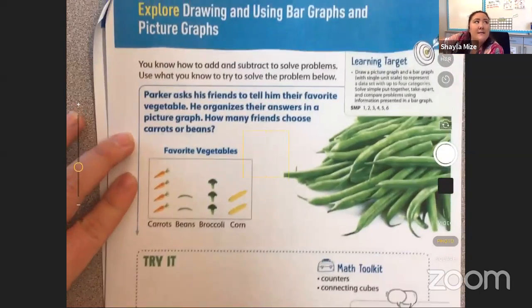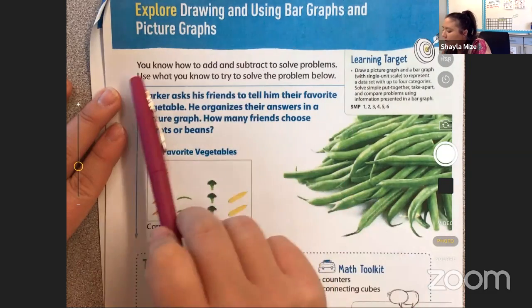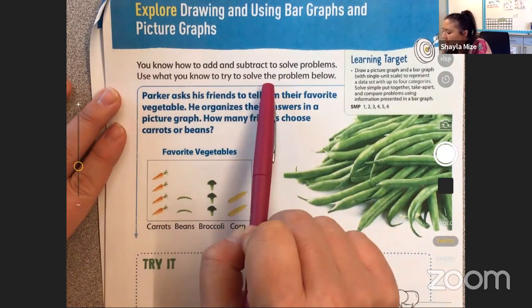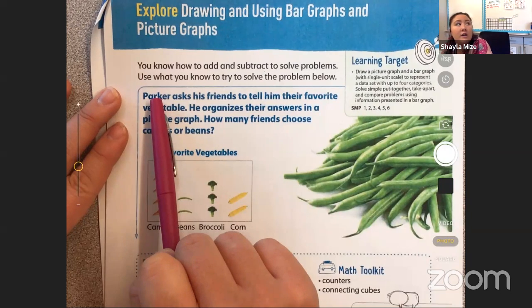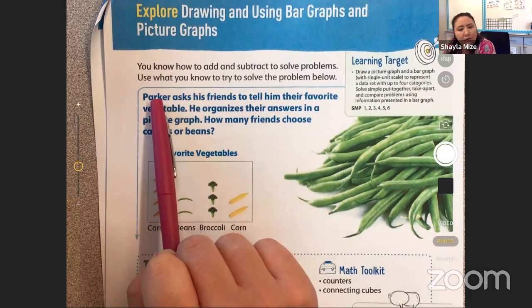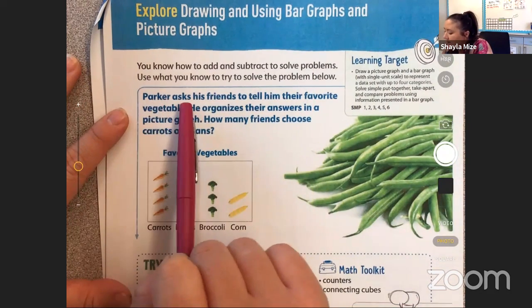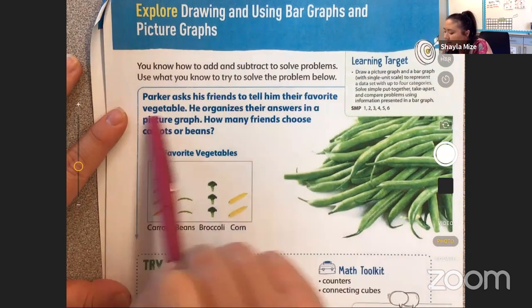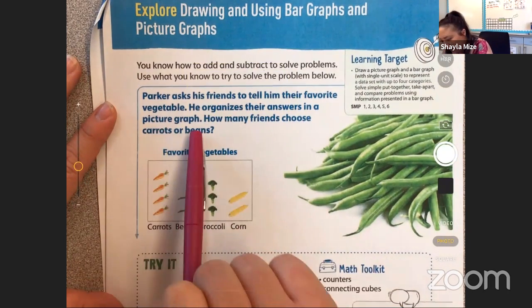And it says, you know how to add and subtract to solve problems. Use what you know to try to solve the problem below. Tracking finger following along, we are talking about Parker. Parker asks his friends to tell him their favorite vegetable. He organizes their answers in a picture graph.